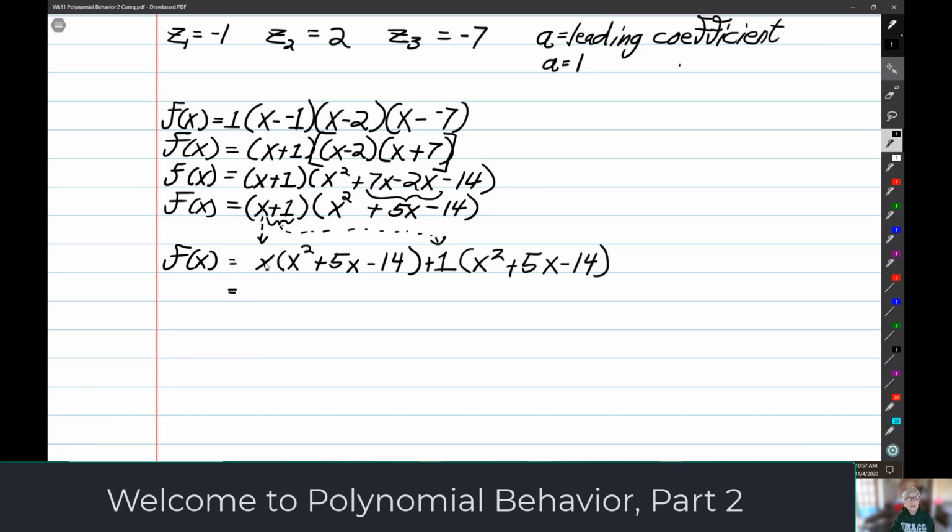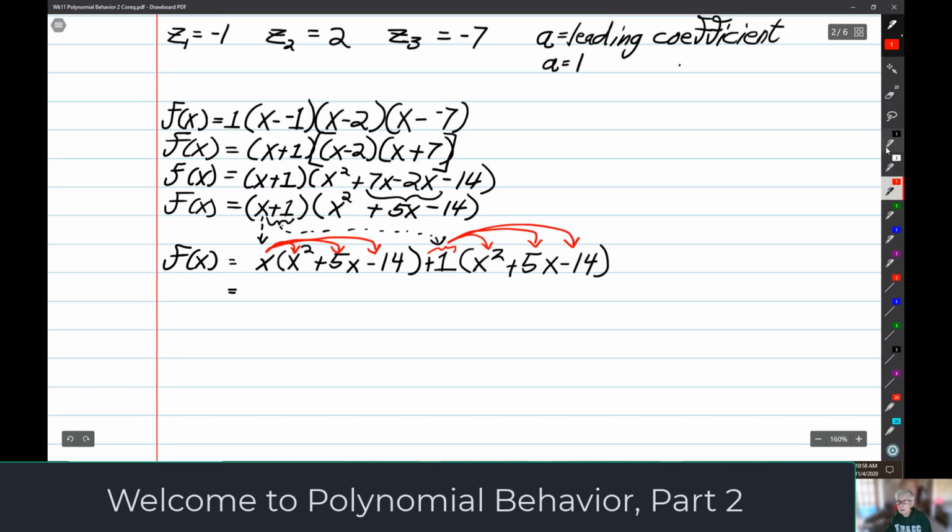There. Okay, now, so here we go. Now we distribute. We take x and multiply by x squared, x and multiply by 5x, x and multiply by minus 14, and plus 1 and multiply by x squared, plus 1 multiply by plus 5x, plus 1 and multiply by minus 14.